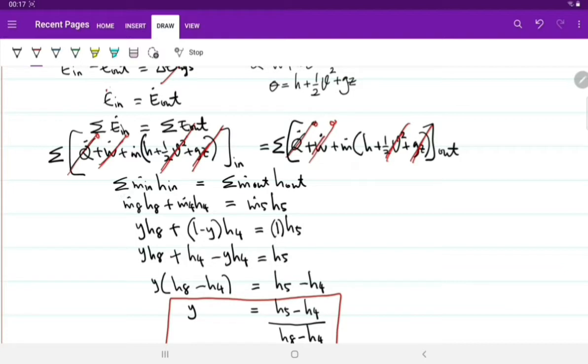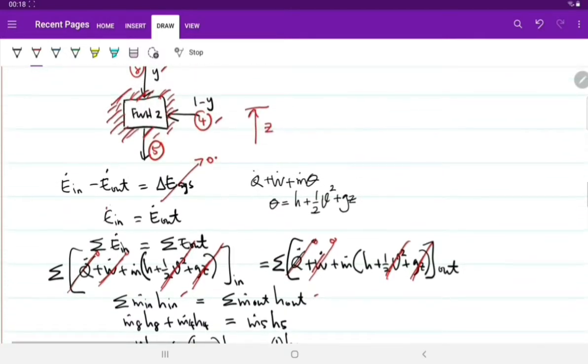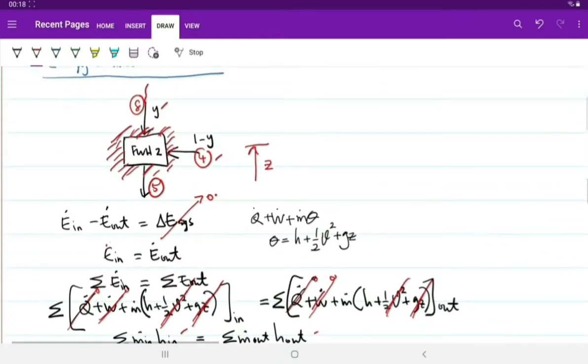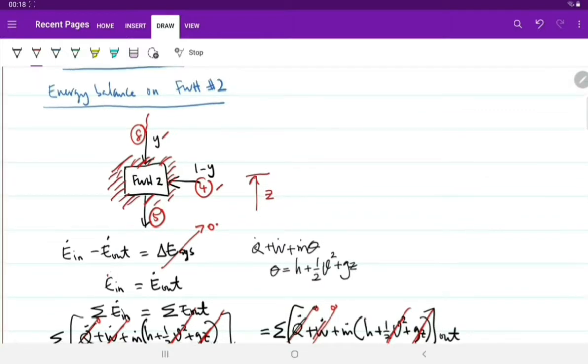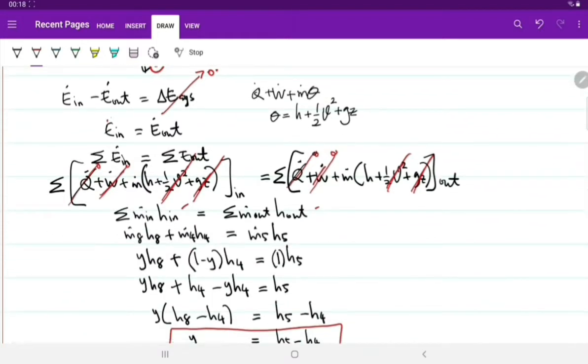So the summation of all the mass in, m times h in, equals the summation of all the mass out times h out. Right, so based on the points, I can say that m8 h8 plus m4 h4, these are the inlet, equals m5 h5.